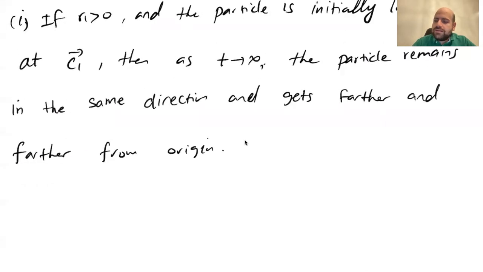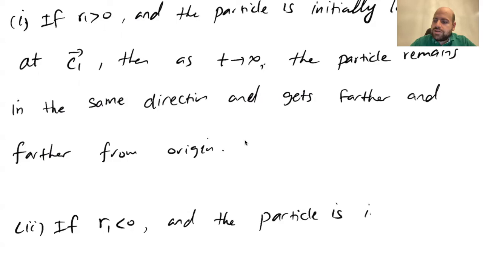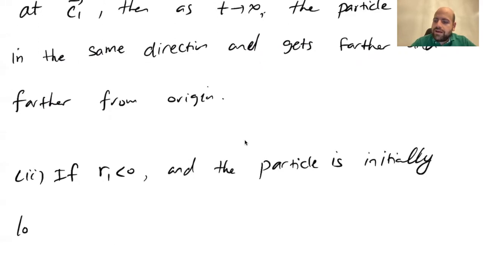And similarly, in the second case, if R1 is negative, and the particle is initially located at, let's say, C1, then what happens?